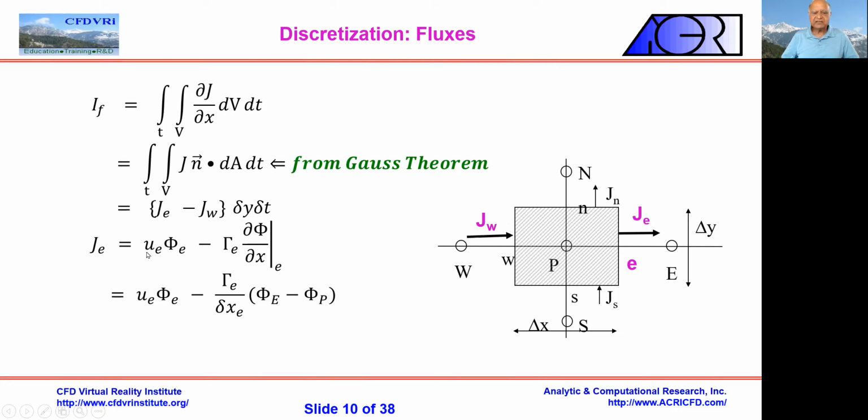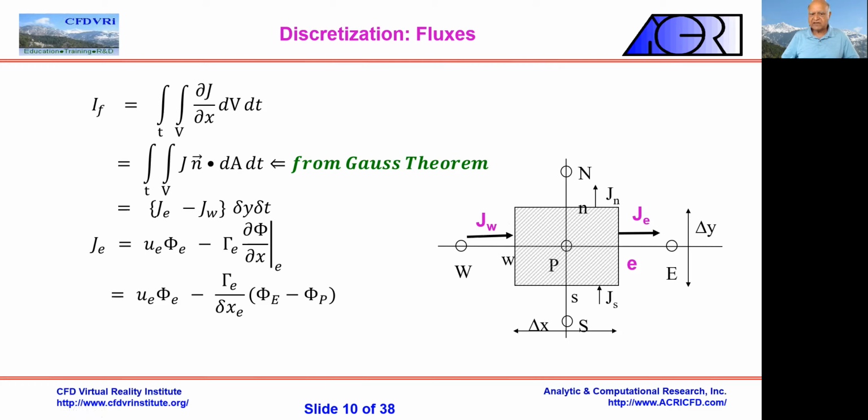Now, what is this flux? This flux is the value of velocity which is leaving this surface E, right? This is the velocity at E, which is intermediate to P and big E, multiplied by the value at that point. It's the value at the surface and the velocity at the surface.